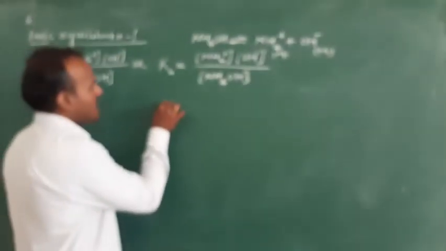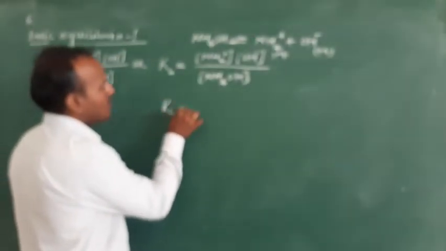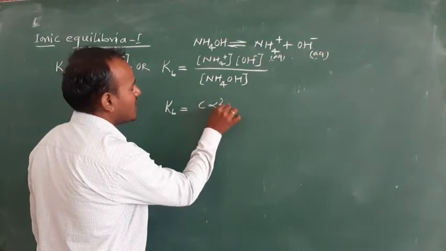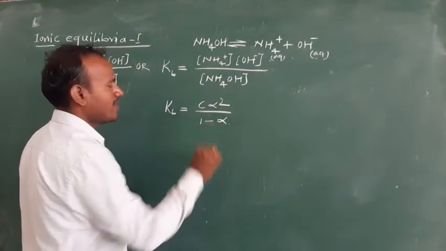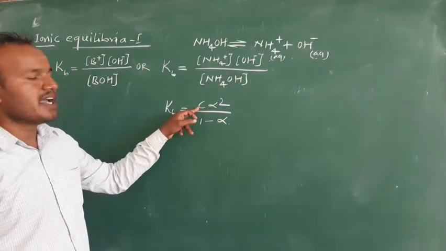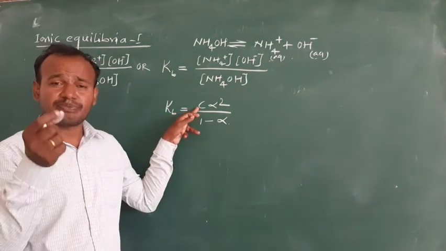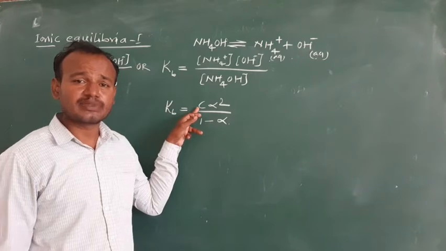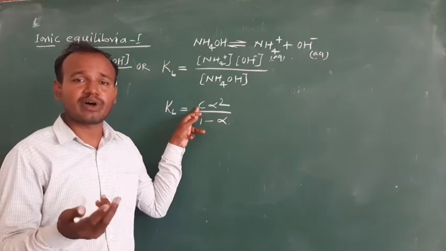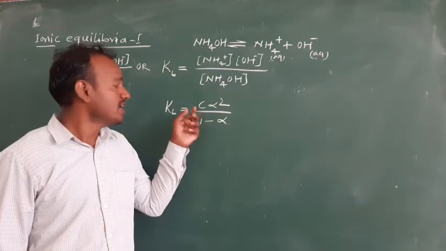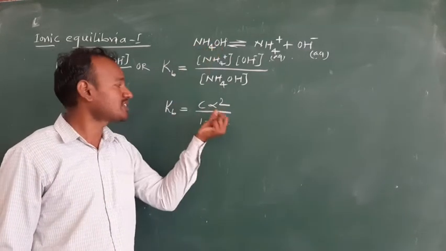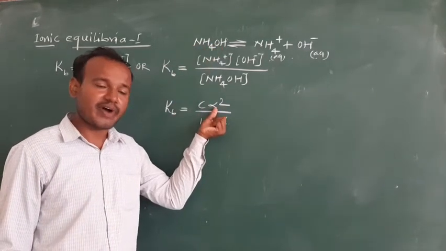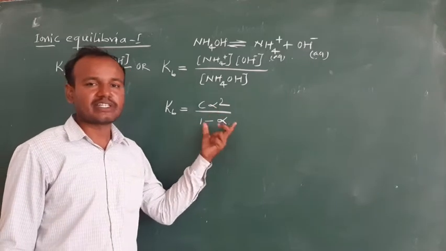Then we derived one more expression. Kb is equal to C alpha square divided by 1 minus alpha. Please remember where C is the initial concentration, so you must be very clear about the terms involved, then only you can use that formula in future. C is the initial concentration of ammonium hydroxide, alpha is the degree of ionization, and 1 minus alpha is one more term.